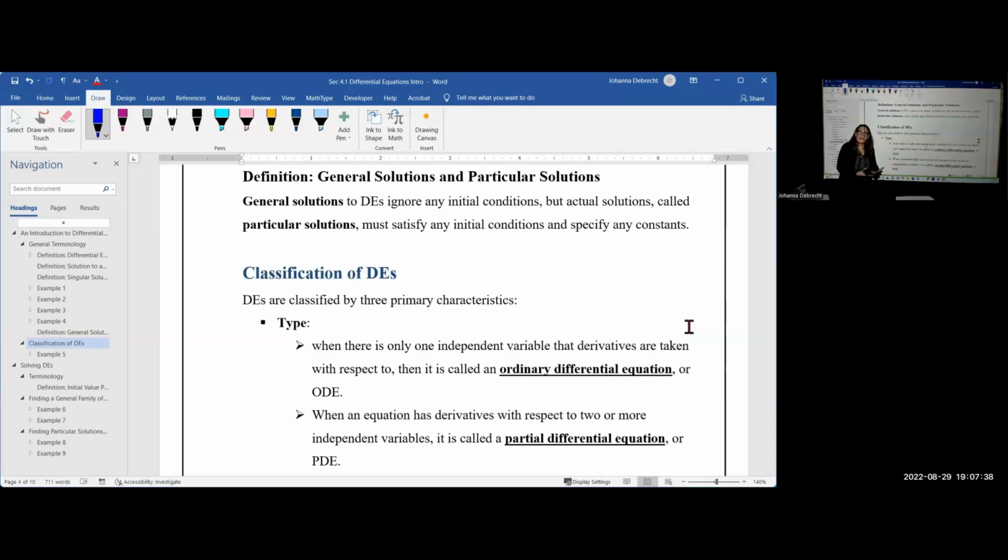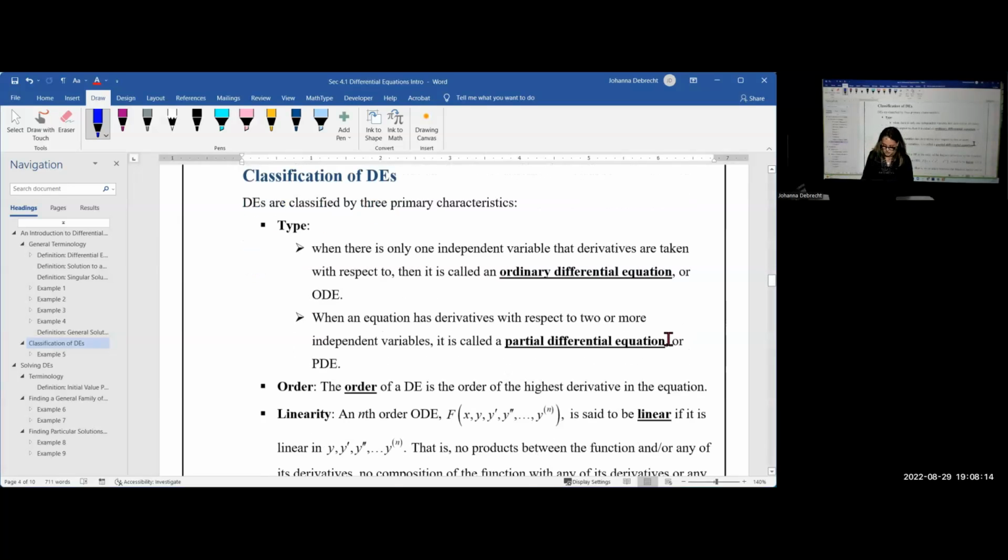In order to pin down exactly what the C is, you would need some kind of initial condition, just like we did in Calculus 1. So when we find the general solution, we don't take into account those initial conditions, and then we usually get some solution, maybe up to a constant plus C. But if we take the initial condition into consideration, then we call that solution a particular solution, meaning particular to this initial condition.